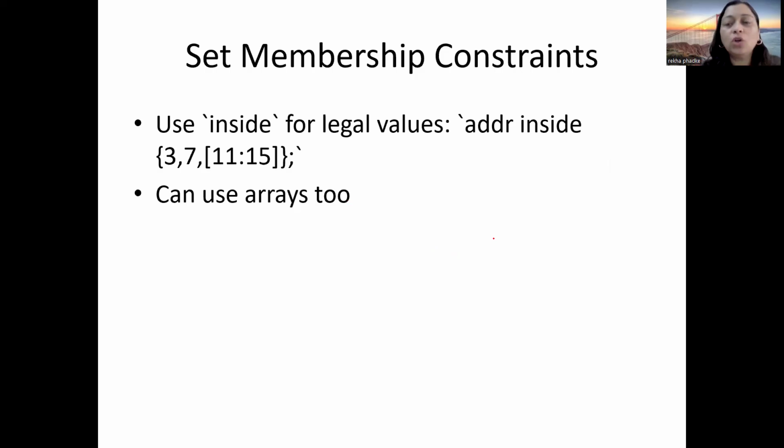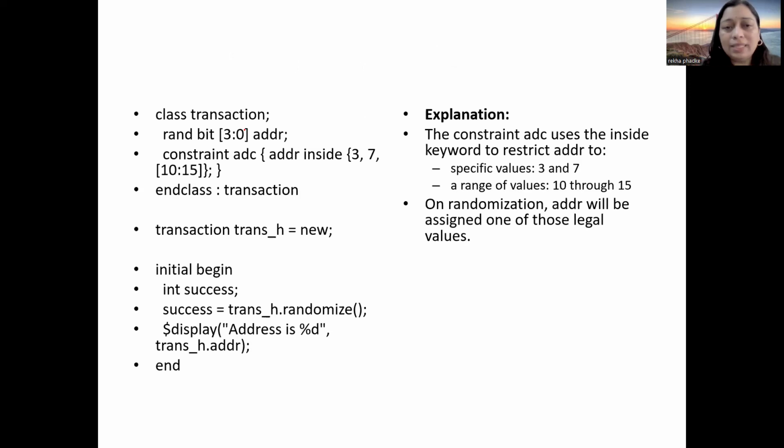We also have what is called set membership in constraints. So what do you mean by that? Let's see using an example. The keyword used here is inside, which you have to remember. So let's see set membership in action. We have again a class transaction. The random variable is ADDR, which has rand as its declaration for 4-bit data, and I have a constraint on ADDR.